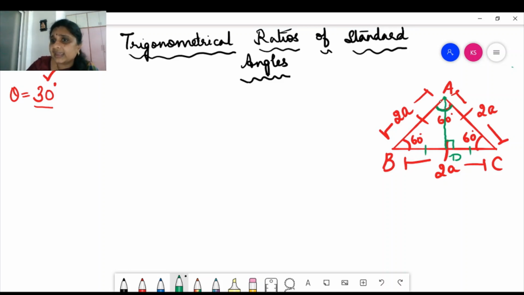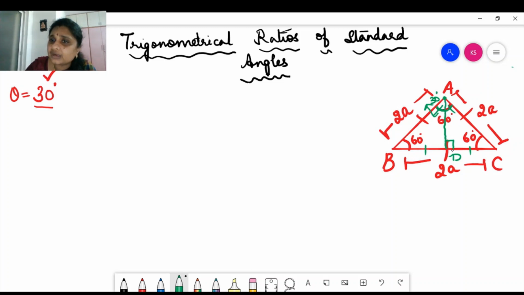Meaning this AD will bisect the angle A. What do you mean by bisection? It divides it into two equal parts. So here, this angle BAD is going to be 30 degrees. So now I've got a 30-degree angle.